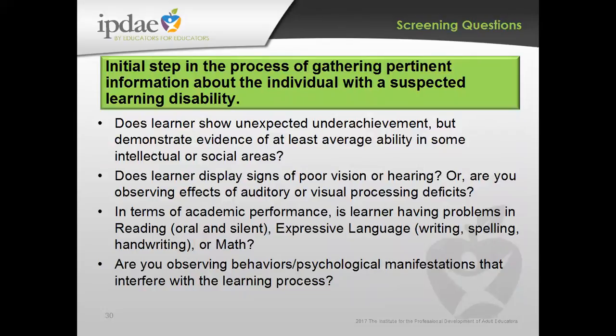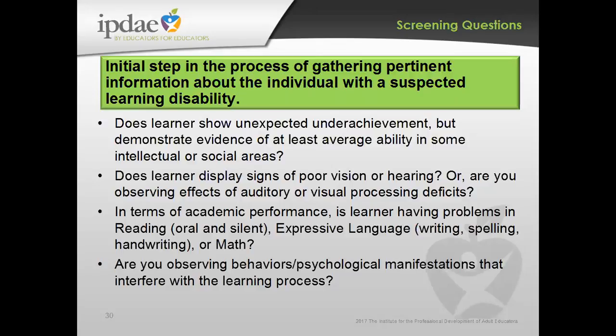Okay, so we're looking at screening then. Screening is the initial step in the process of gathering important information about your student that may have a suspected learning disability. So let's say you have all this knowledge now about learning disability. You have seen students that may have difficulty processing.